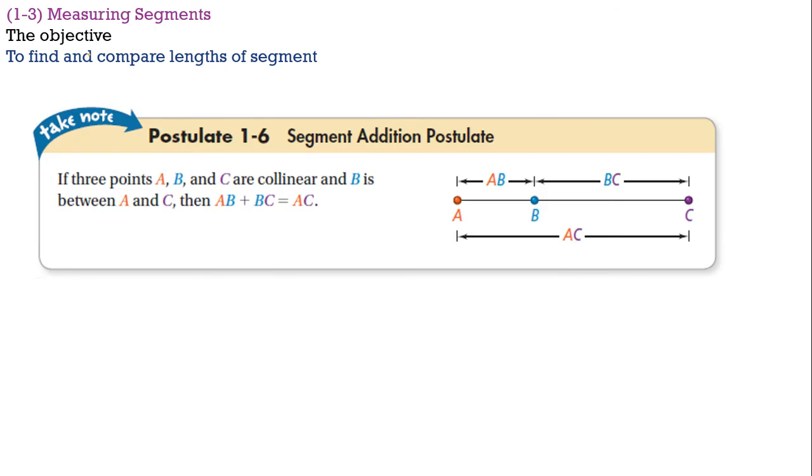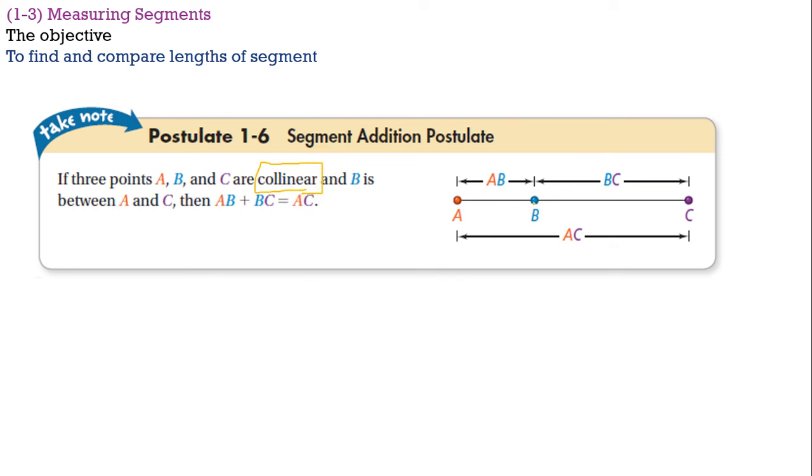Now, let's move to the segment addition postulate. It says, if 3 points A, B, C are collinear, and B is between A and C, then, as we said in a previous lesson, collinear points are points on the same line.